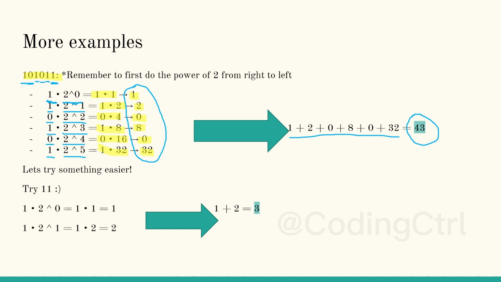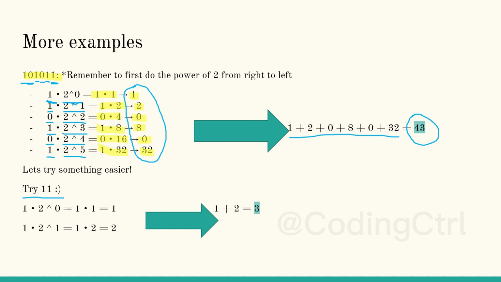Now I'm going to give you a simpler example since I've been giving longer numbers. So let's try 11 this time. Based on the rule, we have to do it from right to left. The rules never change regardless of the length of the numbers, so it'll always be the same.